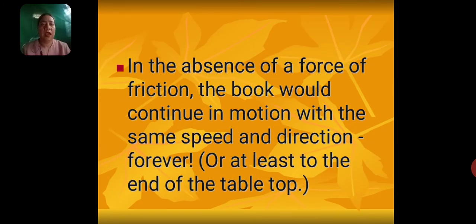In the absence of a force of friction, the book would continue to move with the same speed and direction forever, or at least to the end of the tabletop. But the book stopped at a certain point. Am I right? Yes, very good. That is because of friction.